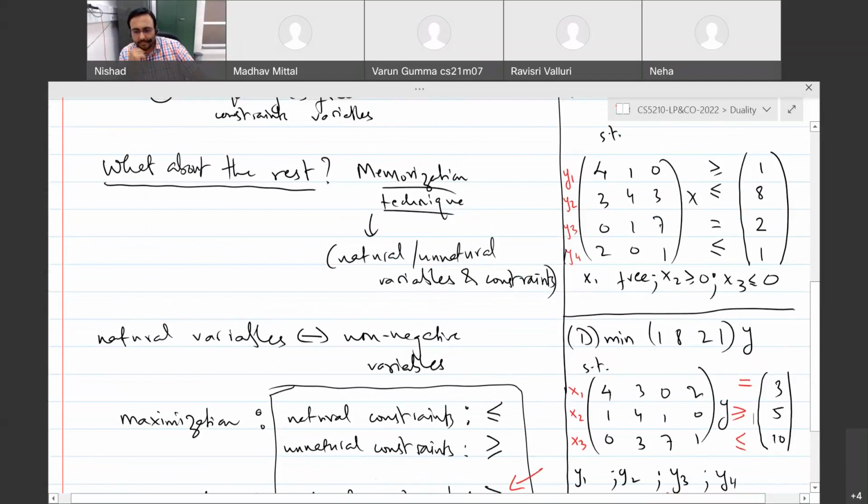It should be a non-positive variable. Non-positive, exactly. And what about the other two variables, y2 and y4? They should be non-negative. Exactly. Okay, that's it.